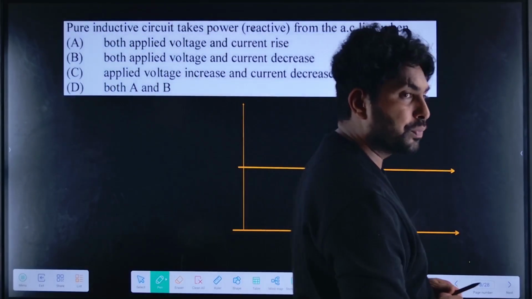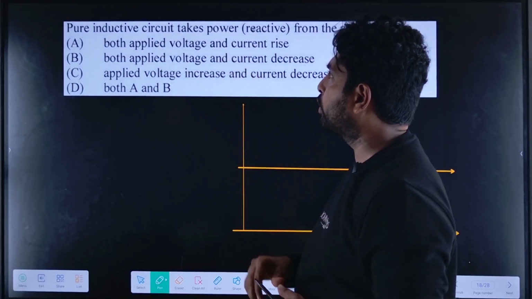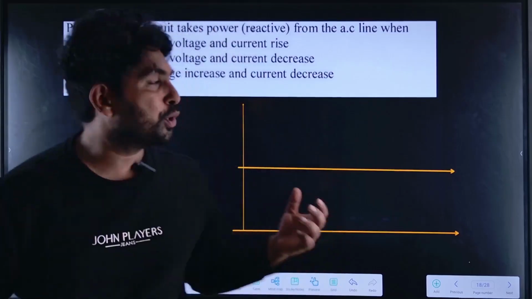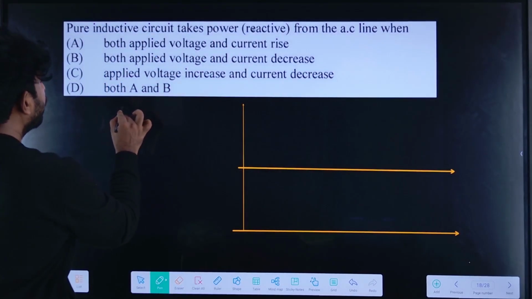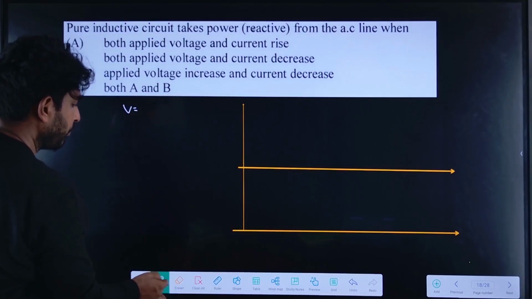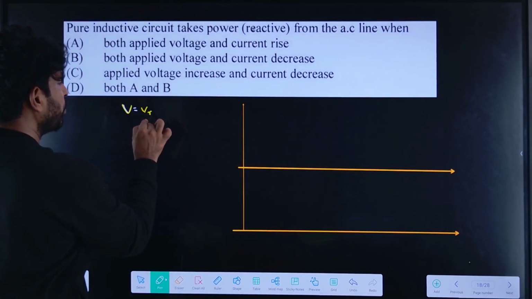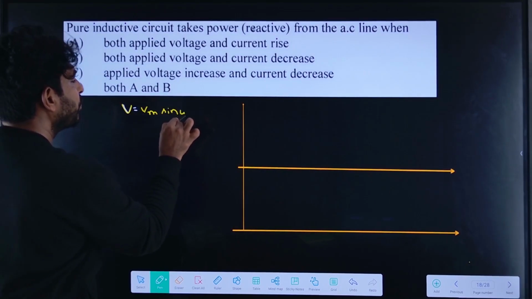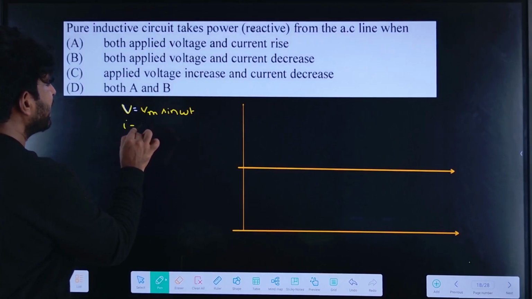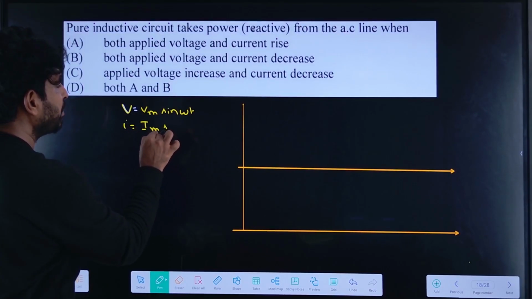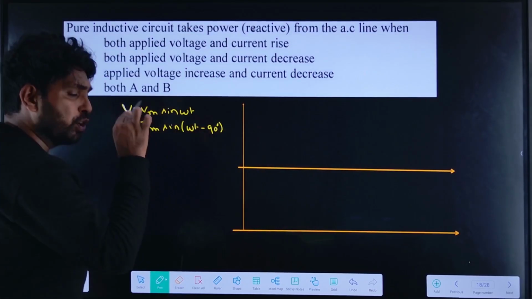Now, if you want to find the pure inductive circuit, for example, let me take V as Vm sin omega t, and I is taken as Im sin (omega t minus 90 degrees), because it is a pure inductive load.